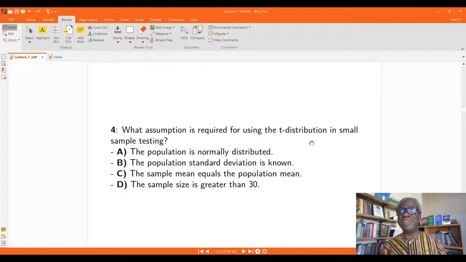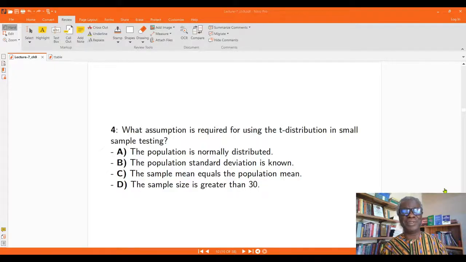I think by now you should also know. A, the population is normally distributed. B, the population standard deviation is known. C, the sample mean equals the population mean. D, the sample size is greater than 30. I think you should know it.